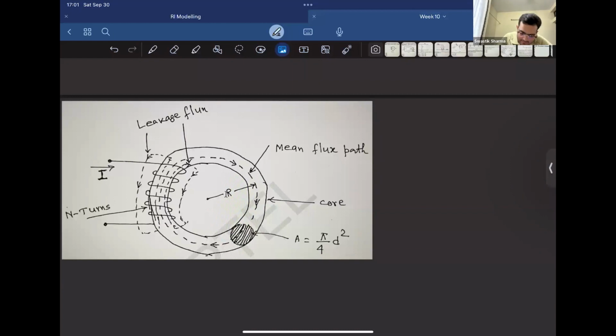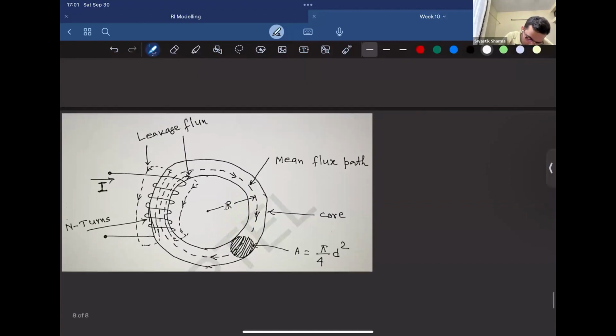Since there is a flow of current, there is an establishment. For each conductor, there will be a magnetic field intensity, and because there are n turns, this magnetic field intensity would be n times, right? So H is given by n times I divided by the mean flux path, which is 2 pi r.